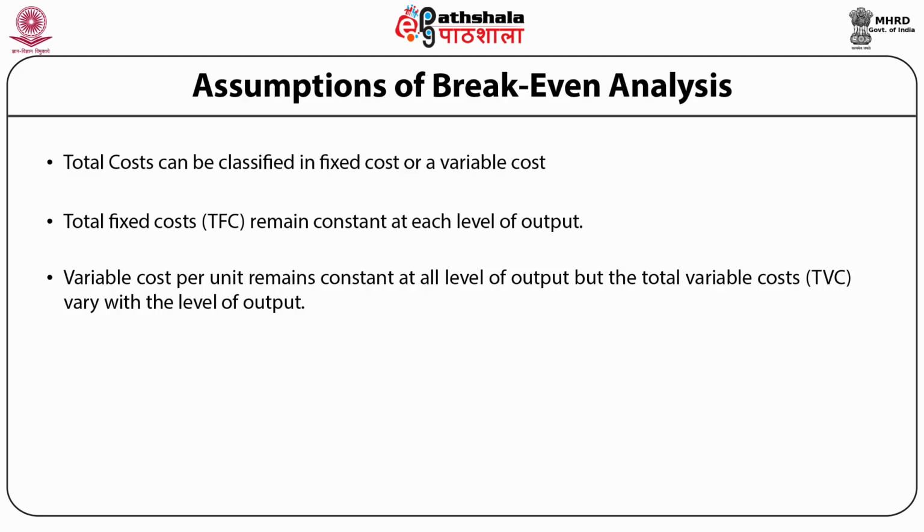The first assumption of the break-even analysis is that the cost can be divided into fixed cost and variable cost, where fixed costs remain constant and the variable cost varies with the level of output.